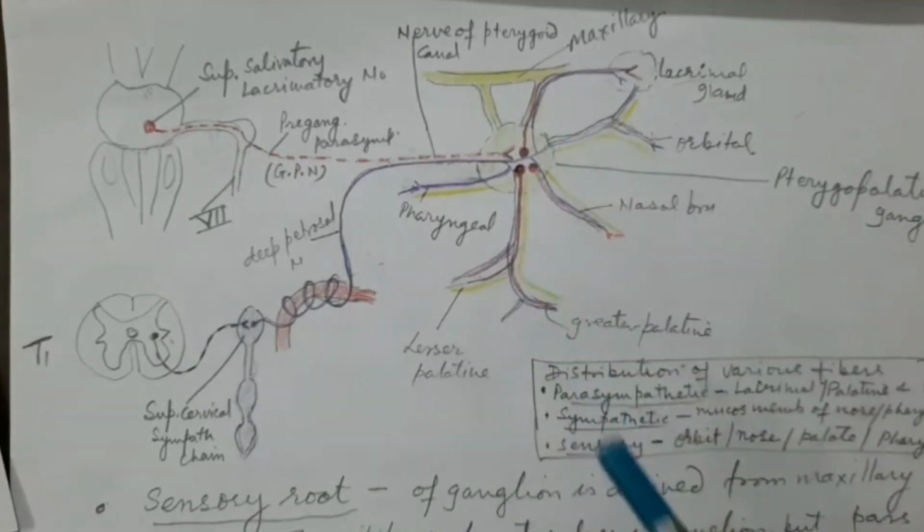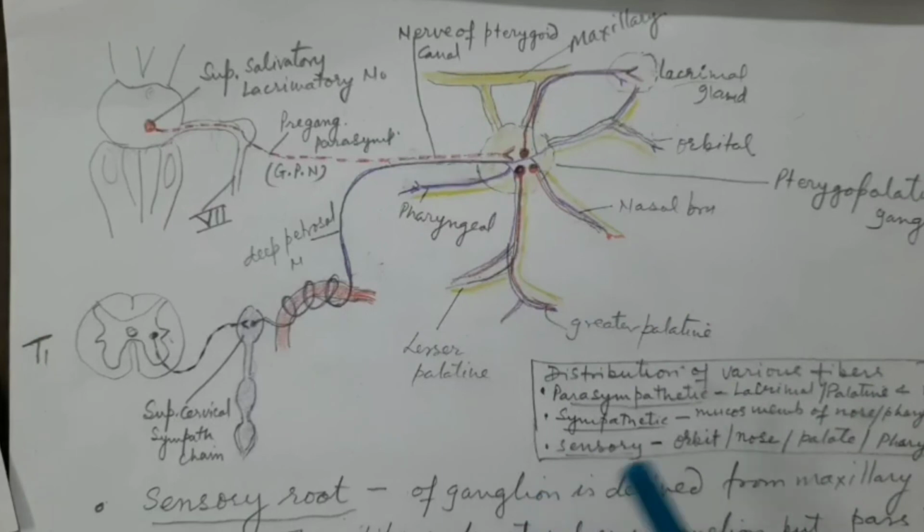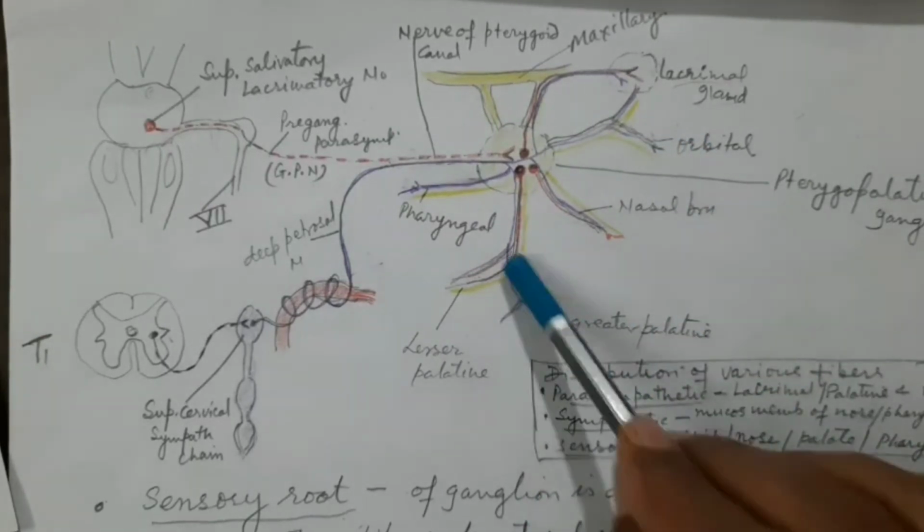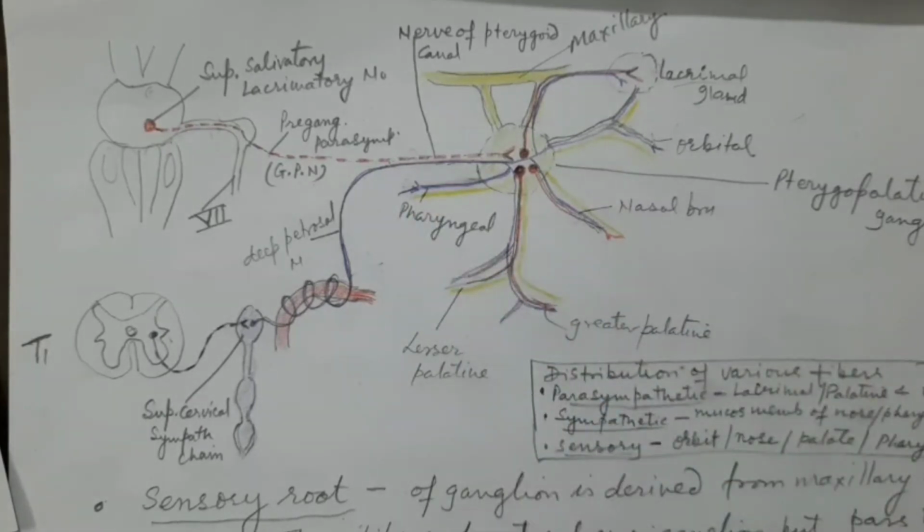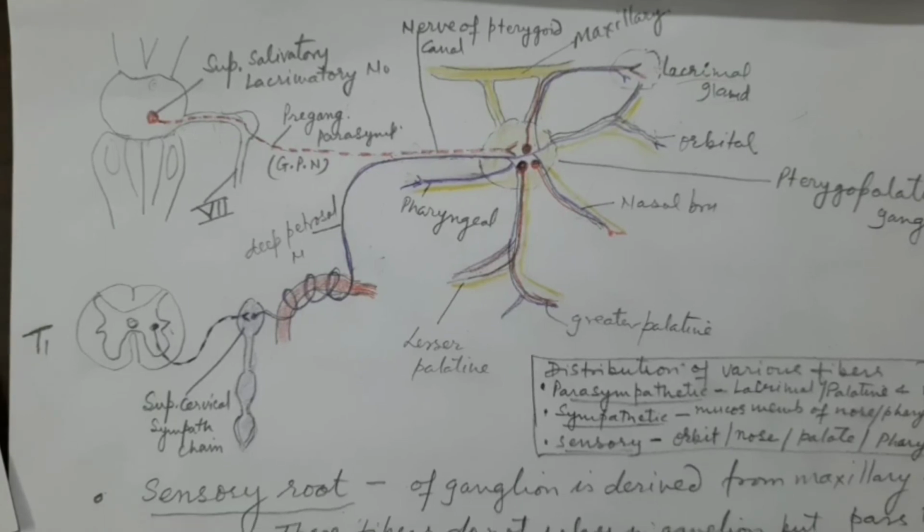Now the sensory fibers, which are branches from the maxillary nerve, will supply the orbit, the nose, the palate and the pharynx. So this is how the distribution and the roots of this pterygopalatine ganglion are there, okay.